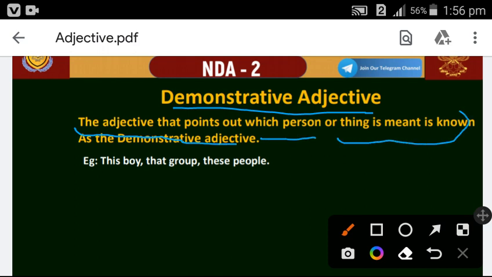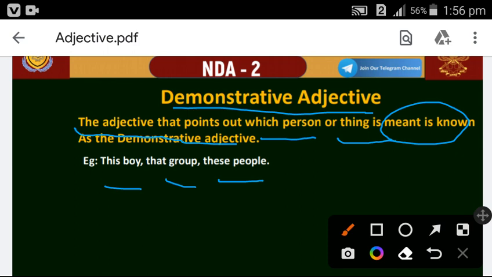Let us discuss it with an example: this boy, that group, these people. What does it mean? It is an adjective that tells which person or which thing.